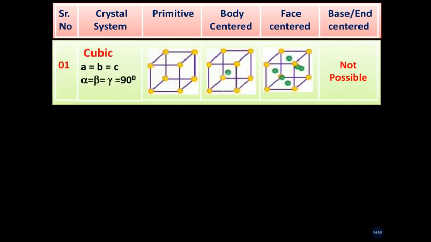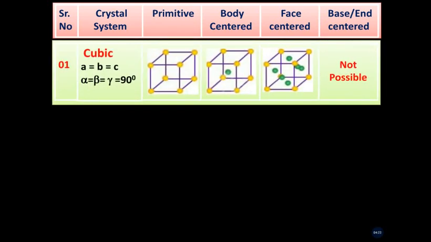Here a table is given in which the first column is for the serial number, the second for the crystal system, and the remaining 4 columns are for the 4 unit cells, that is the primitive, body centered, face centered and the base centered or the end centered. Then here we go with the cubic crystal system.